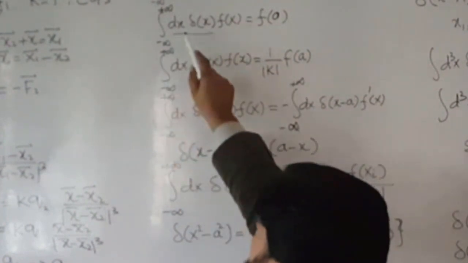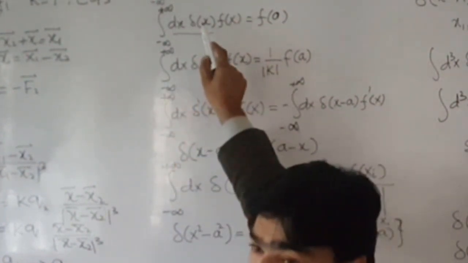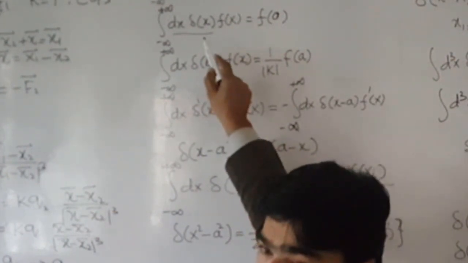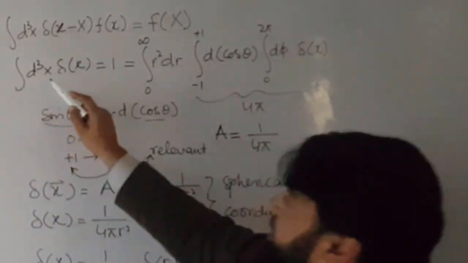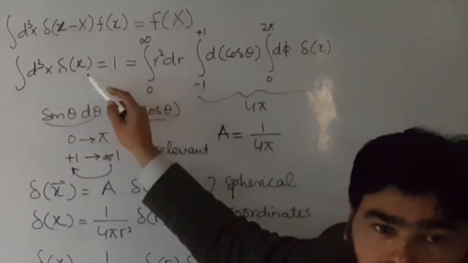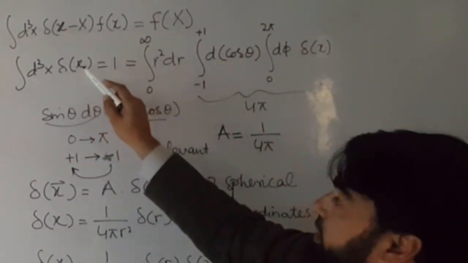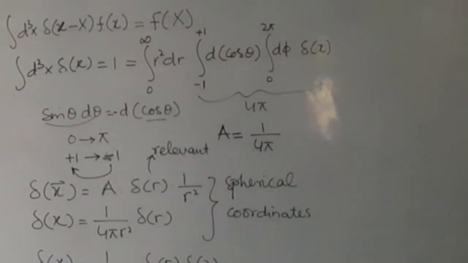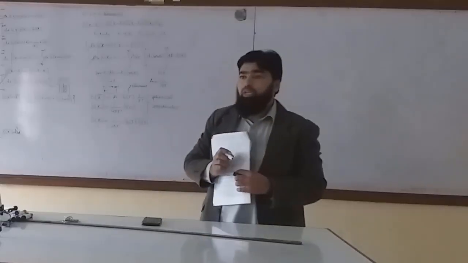So in one dimension, if I write dx delta x, then this delta x will have 1 over x dimension. If I write this in 3 dimensions, d cube x delta x, then this delta x should have 1 over x cube dimensions. Otherwise, it will be dimensionally wrong.